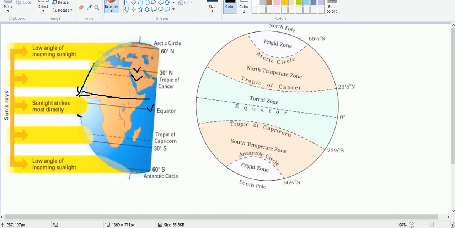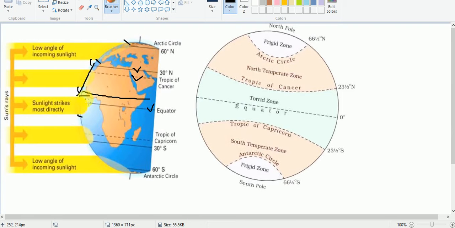And likewise here it is more inclined. Inclined rays spread over a larger area, and hence heat is distributed over a greater area, and that is why we feel cold. This we have explained earlier.